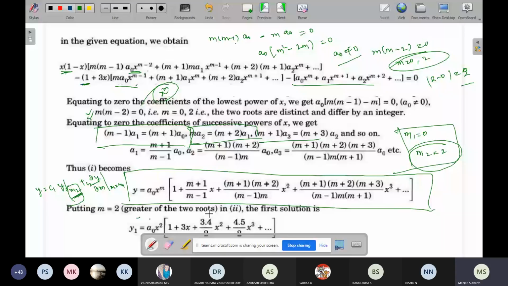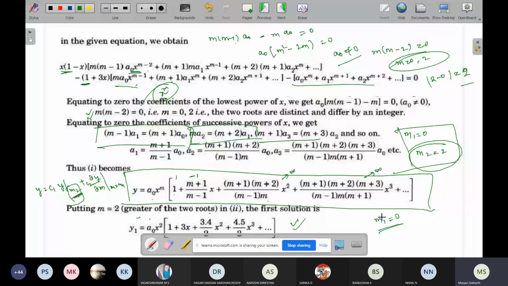Now let us check by putting m₁ = 0. When I substitute m = 0 here, this term is 1, fine; this term is −1, fine; but this term is going to be infinite, and this term is also going to be infinite.